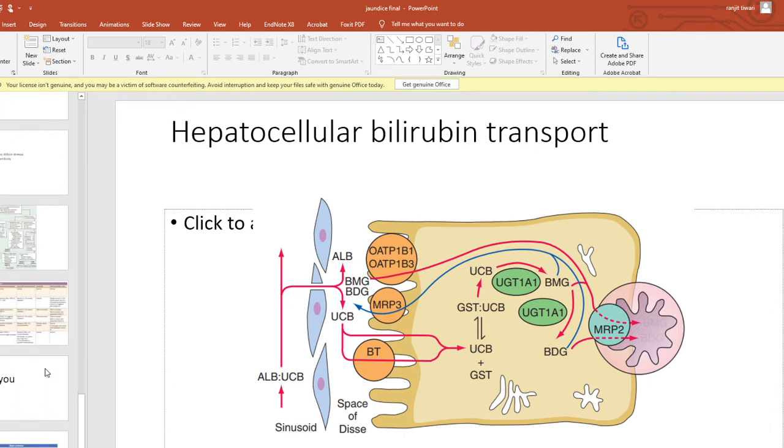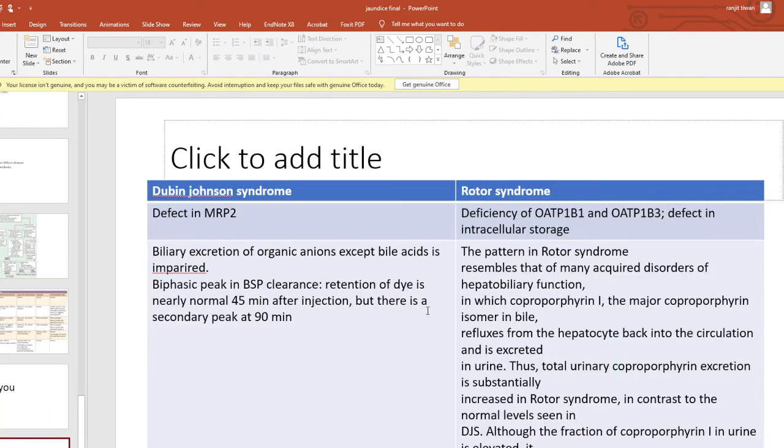Now let's move to another point, regarding urinary excretion of coproporphyrin. You know there are two isoforms, coproporphyrin 1 and coproporphyrin 3. In Rotor syndrome, what is the pattern of excretion of coproporphyrin in urine?